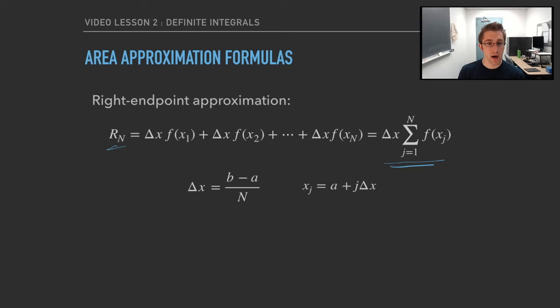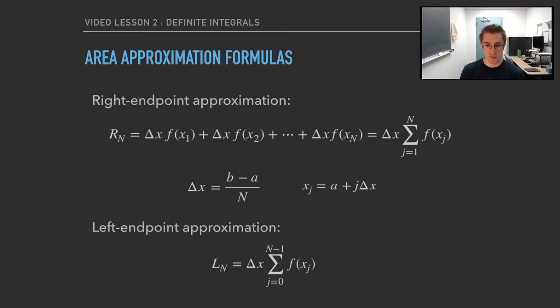Okay, we could have done a left endpoint approximation where instead of picking the right endpoint of every subinterval, we pick the left endpoint. If we had done that, we'd get this, all right? So we get this left endpoint formula. It's similar, right? The only thing that's different actually is here and here, right? The indices of the sum.